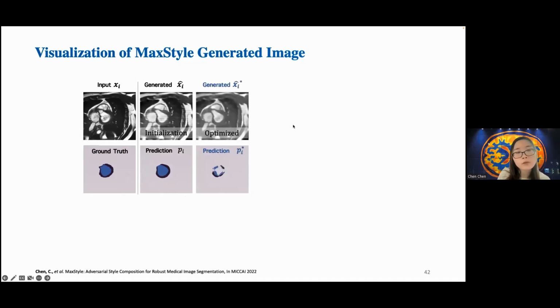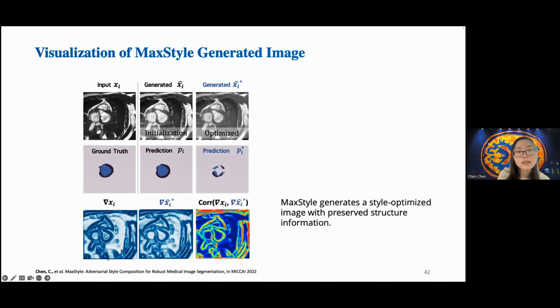With a 5-step optimization, we can find that the image style, for example the brightness, has been changed, and the network is very sensitive to this type of change, which basically produces poor segmentation results. So we found that MaxStyle can actually preserve the structure similarity well, if you compare the generated images and the original images.